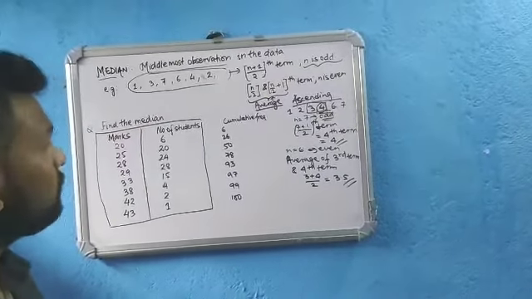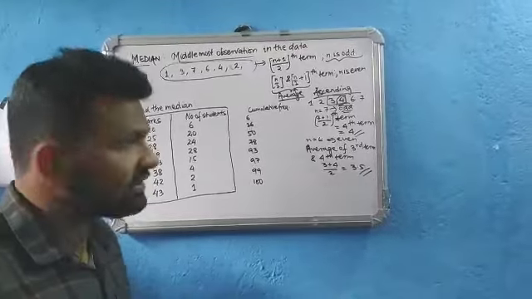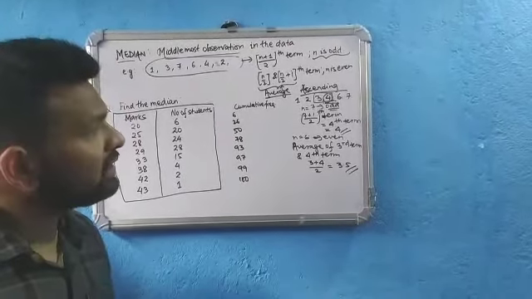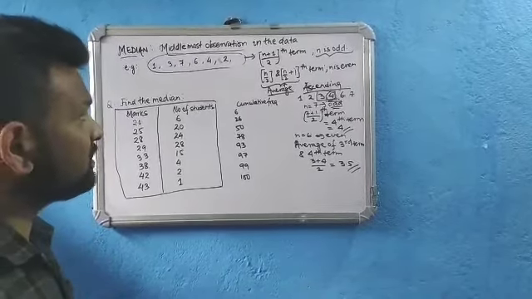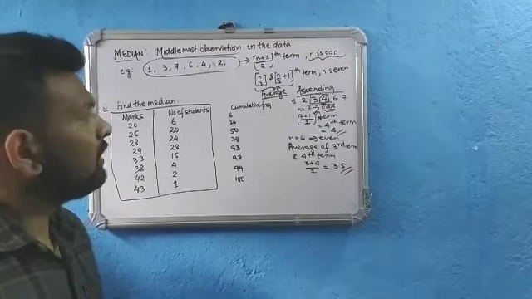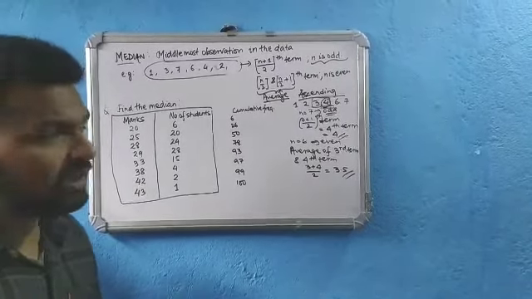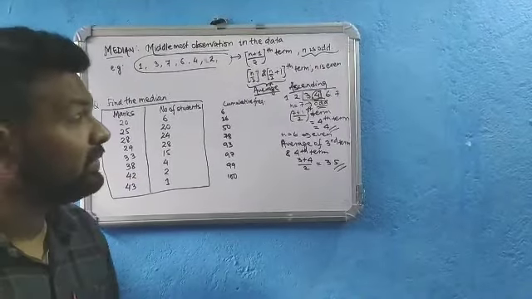So basically you have to do nothing. You just have to arrange the given data in ascending order, and the middlemost term will give you the median, depending upon the number of terms, whether it is odd or even. If it is odd, fairly simple: the central data will be the median.